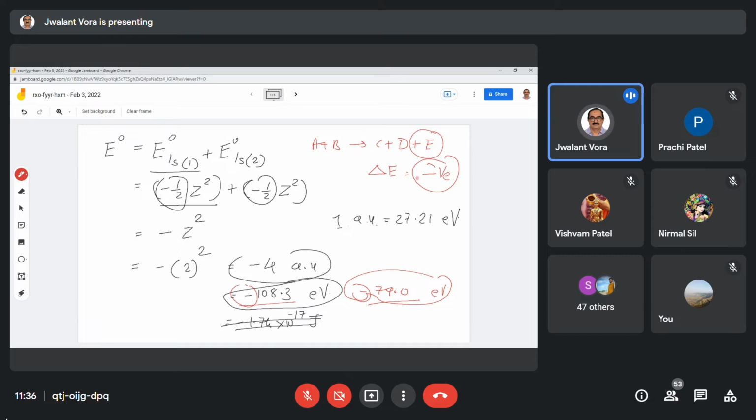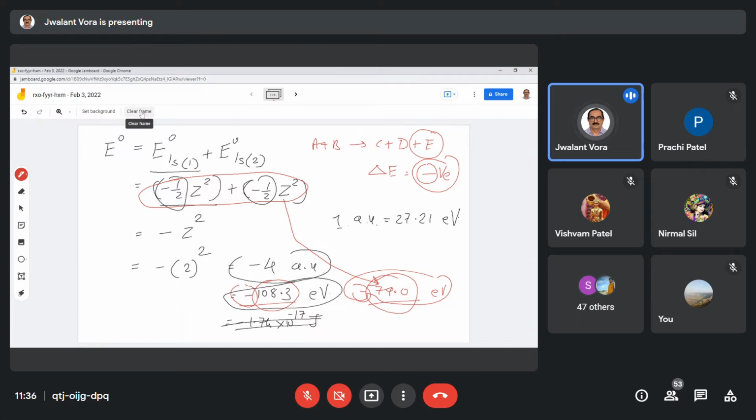So do not consider this minus sign. The calculated value 108 is greater than the true value, which is the lowest amount of energy. Now we need a correction in this particular term to reach closer to this value, 79.